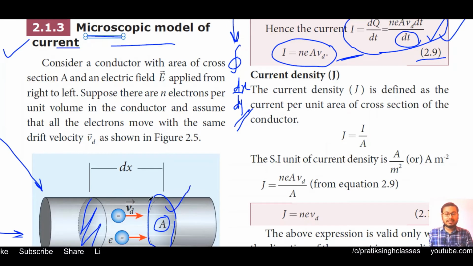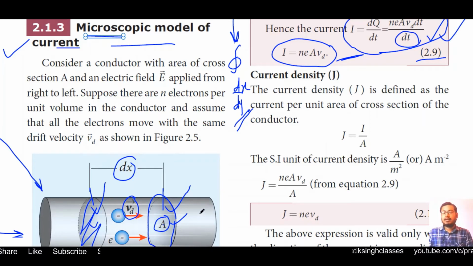Both areas are the same, and the distance from this region to this region is given as dx, which means this length is very small. Here electrons are moving from the left region to the right region with drift velocity vd. We have already learned about drift velocity in our previous video. If you have forgotten, please go through the previous video and see it once again.